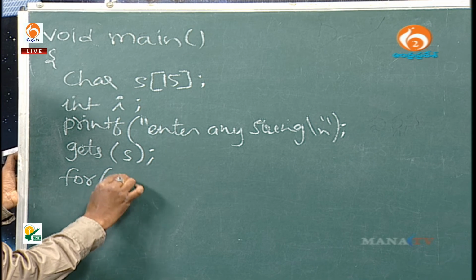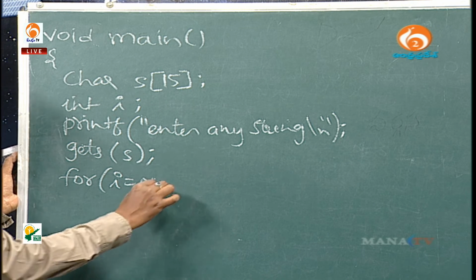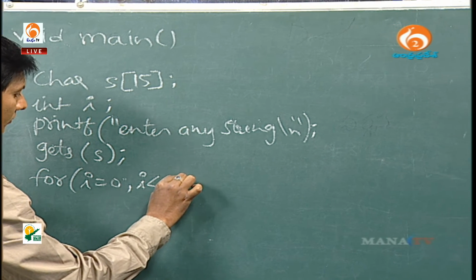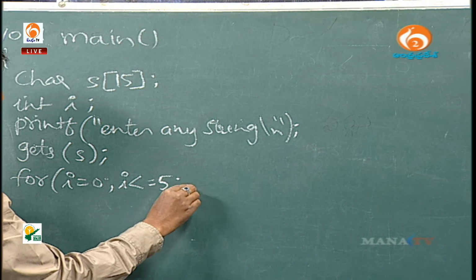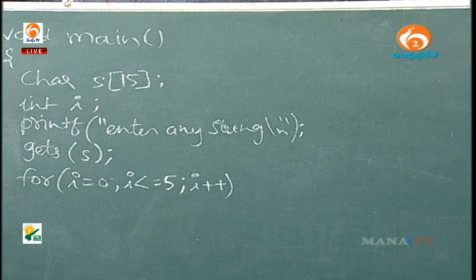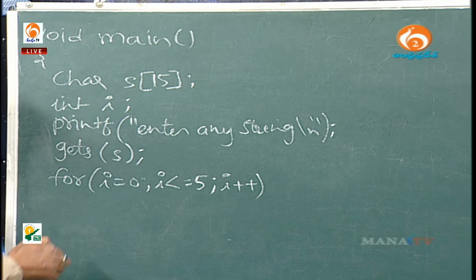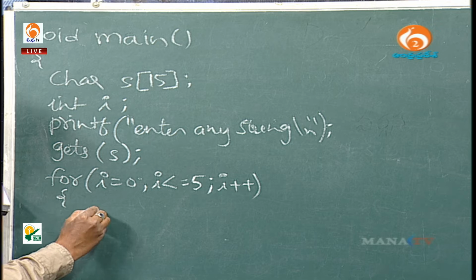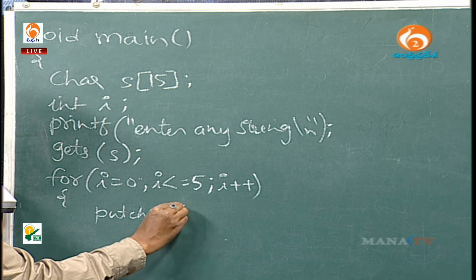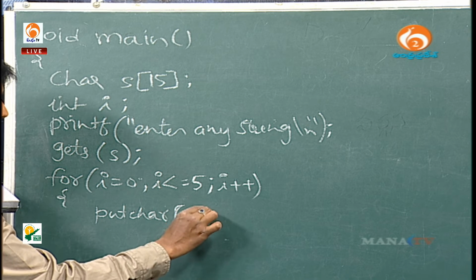i equal to 0, i less than or equal to size, that is if it is 5, i plus plus. Or else we can write here putchar of s of i.